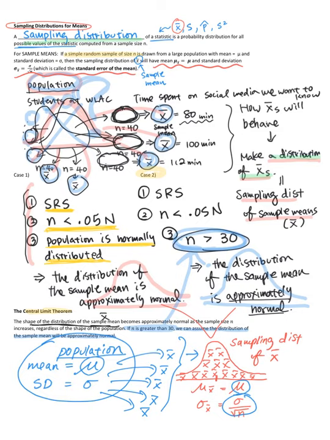Now let's do one example. Sorry, it says example 2. Let X be a random variable standing for the incubation time for the eggs of Allen's hummingbirds. We don't know whether X is normally distributed. This is important.